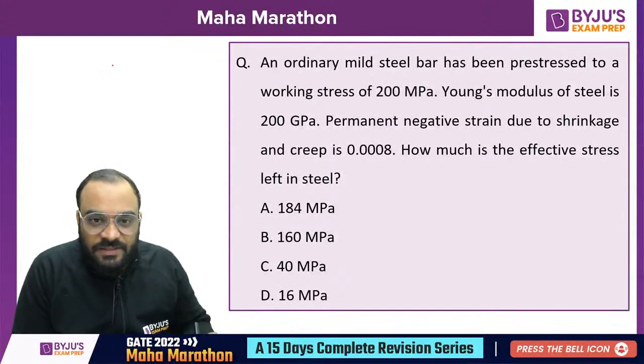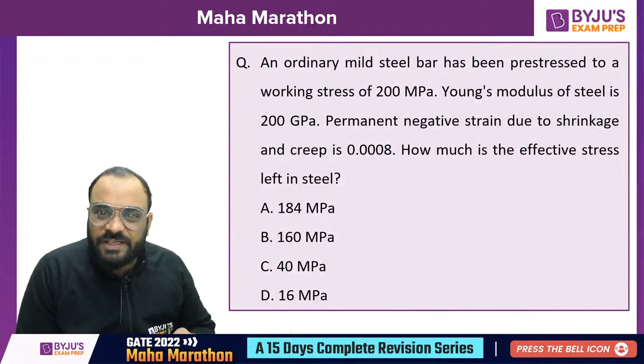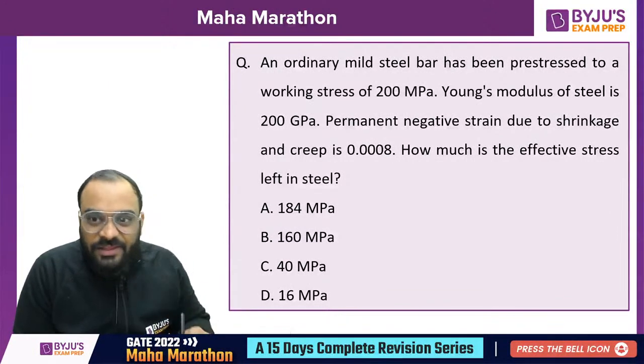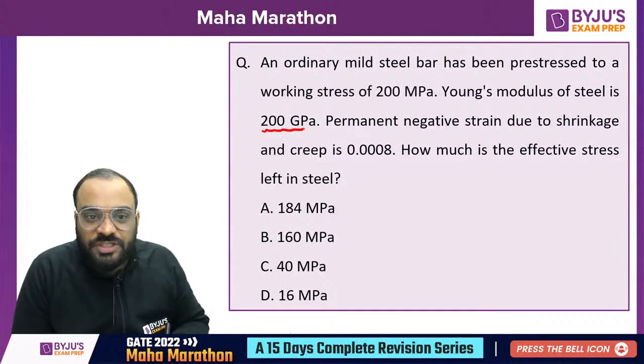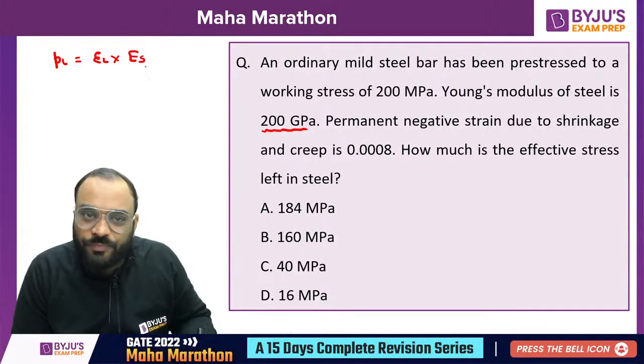So you can see here, guys, the working stress value is given to us, which is basically 200 megapascal, and the Young's modulus of elasticity is given to us, which is basically 200 gigapascal. So first we need to calculate how much is the loss of pre-stress. How can we calculate it? The loss of strain multiplied by Es value, correct?